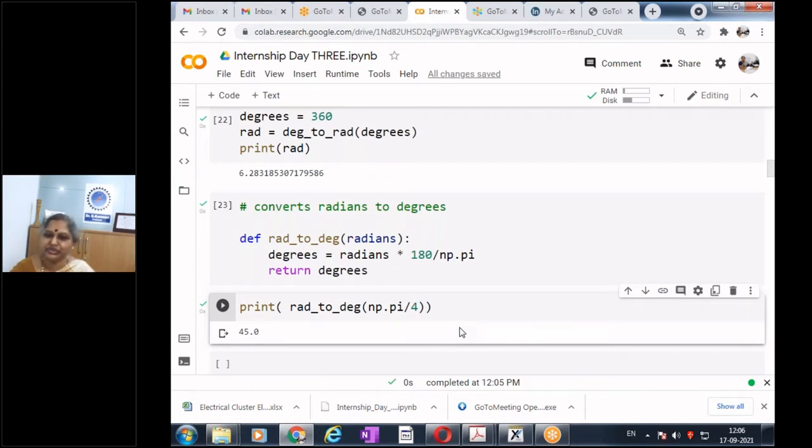Yes, now I want you to write yourself a function to compute the factorial of a number. Please write a function to compute the factorial of a number.